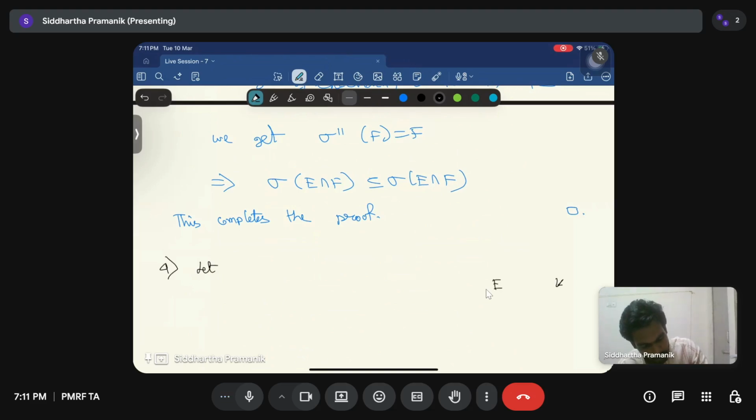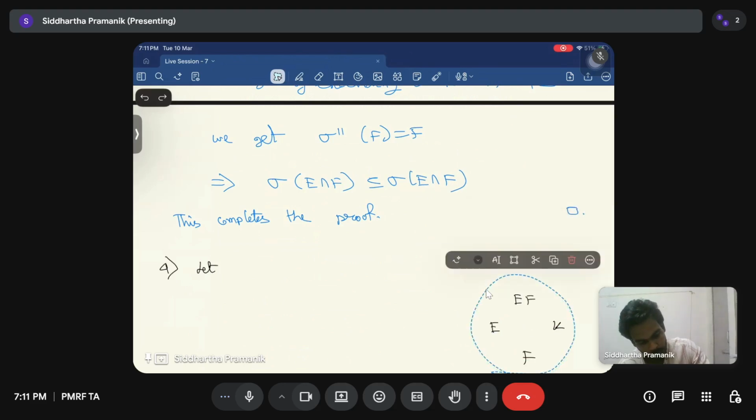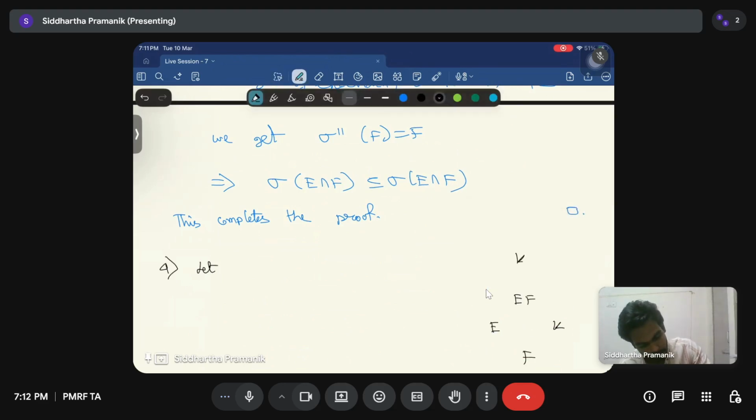E is here, K is here, F is here, EF is here, over the K bar. Here it is K.